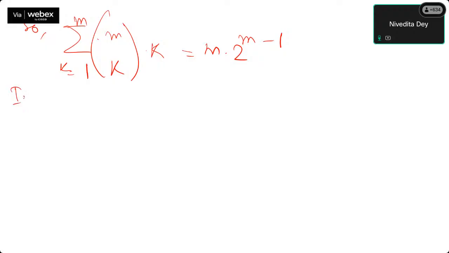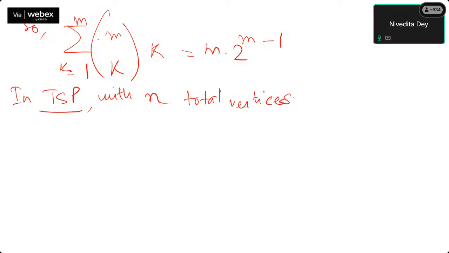Now in TSP, with n number of total vertices, we define that m is equal to n minus 1.